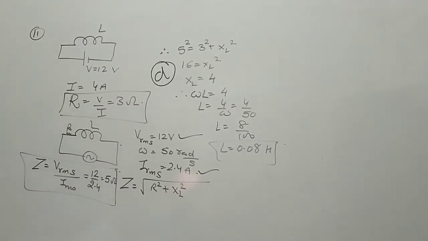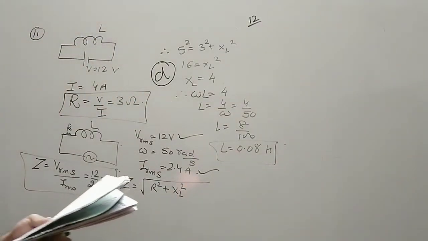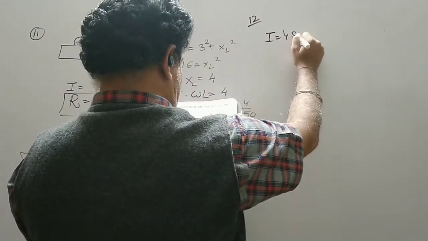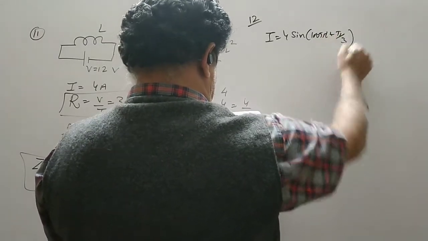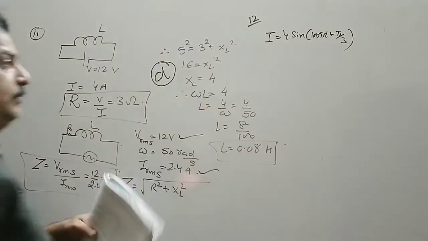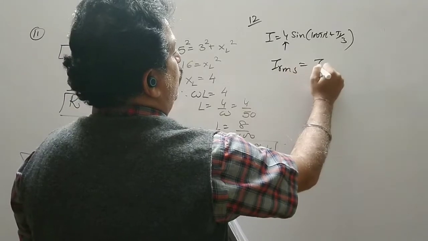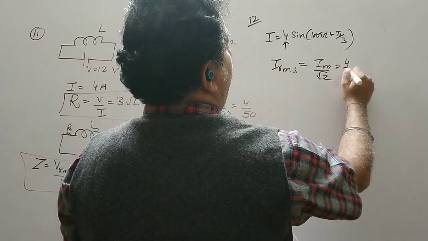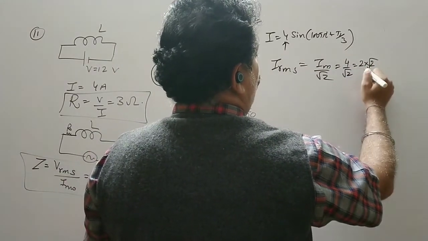Now question number 12. The equation of the current in the AC circuit is given as I is equal to 4 sine of 100 pi t plus pi by 3. Now these are simple sums, you have to find out IRMS. So this is clearly Im. So IRMS is equal to Im divided by root 2, that is 4 divided by root 2, that is 2 root 2.